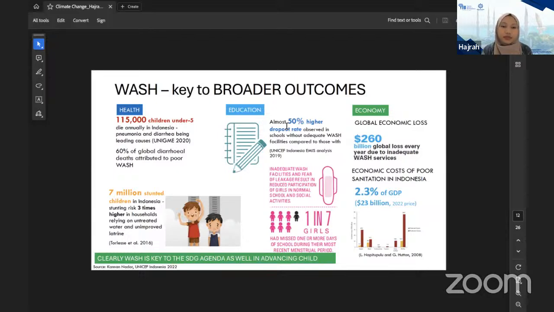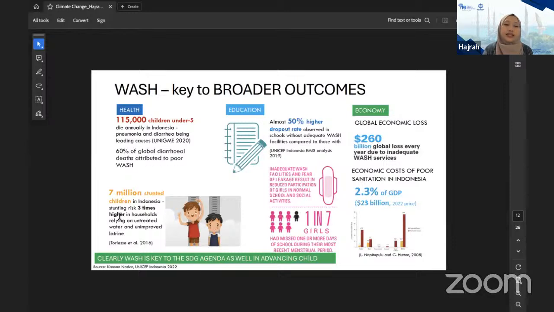This is clearly attributed to poor water and sanitation, and also almost 50% higher dropout in education is due to water and sanitation, and also a global economic loss of around $260 billion every year due to inadequate water and sanitation services. And this is also one of the main agendas of the Indonesian government currently.